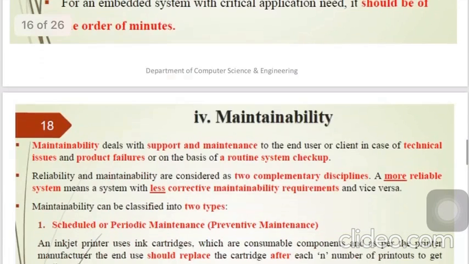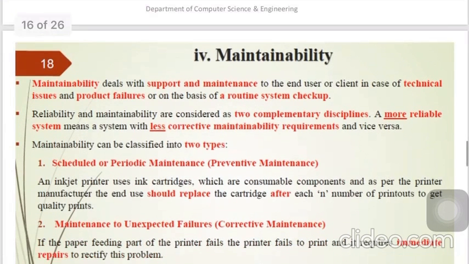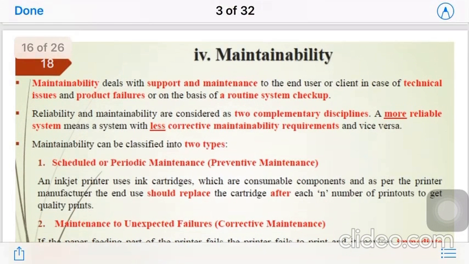So the next one is maintainability. Maintainability deals with the support and maintenance given to the end user or client in case of technical issues and product failures, or on the basis of a routine system checkup. Reliability and maintainability are considered two complementary disciplines. A more reliable system means a system with fewer corrective maintenance requirements, and vice versa, right?